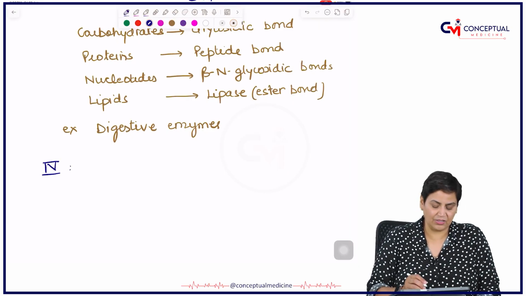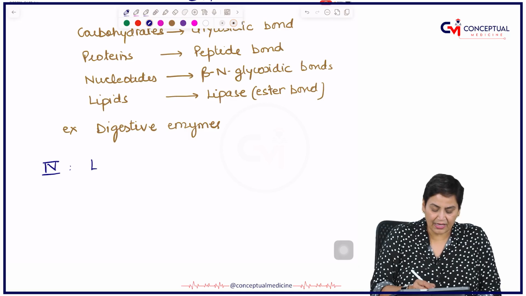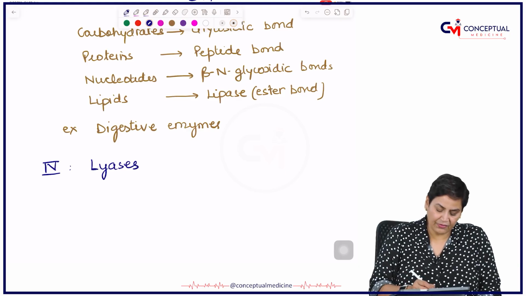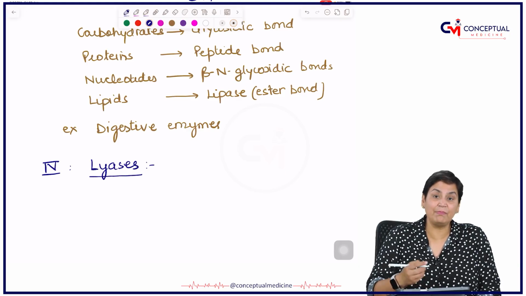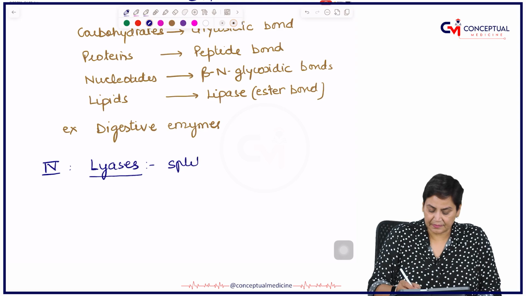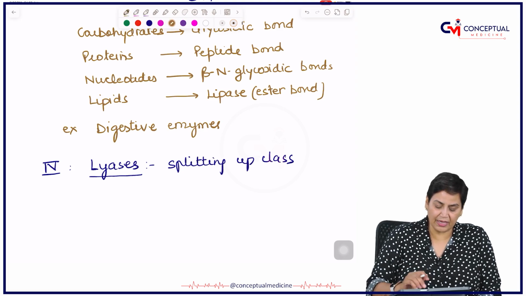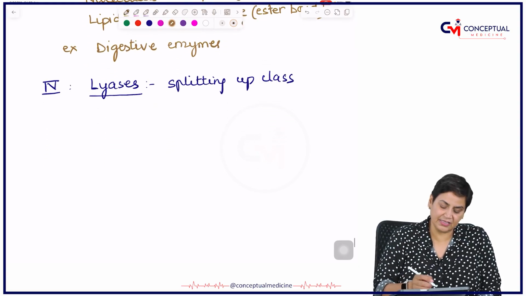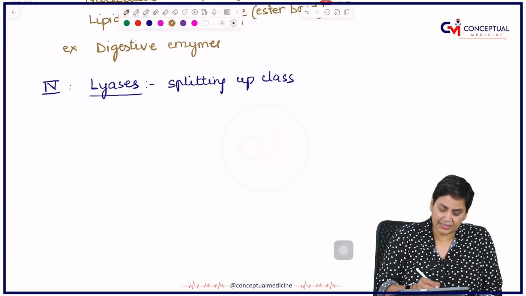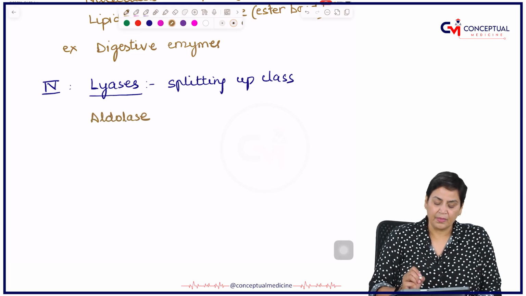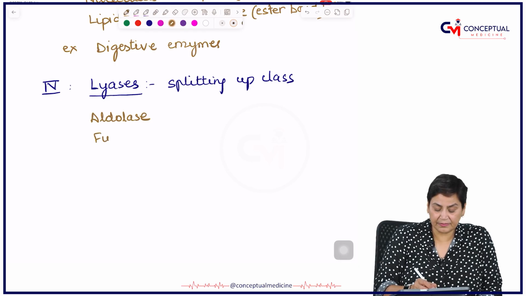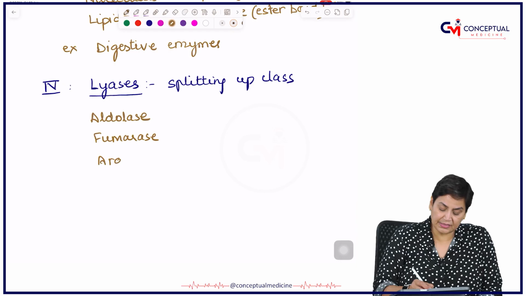lyases. So, L stands for lysis here. And if we talk about lysis, lysis is a splitting class. And if we talk about the examples of lyases, the most common example is aldolase, fumarase, argininosuccinase.